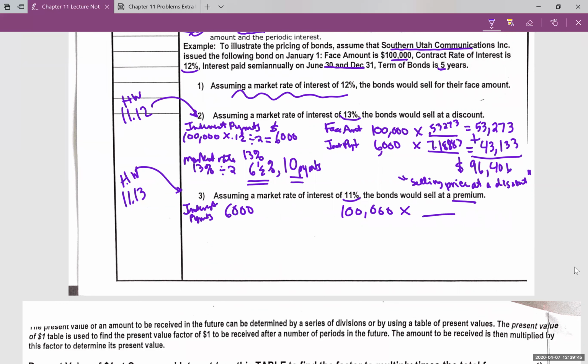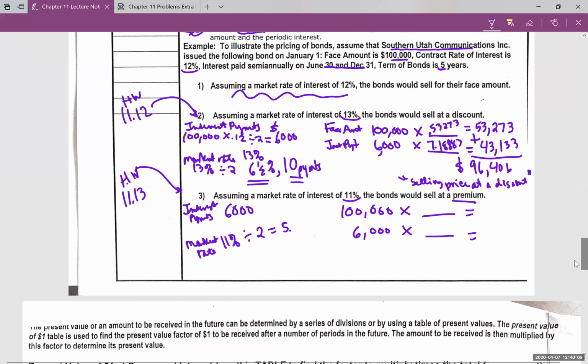We've got to take it times a factor, and then this is 6,000, and we have to take it times a factor. So now we're going to use this market rate. The market rate is 11%, but we're going to divide that by 2 because there's 2 payments a year.